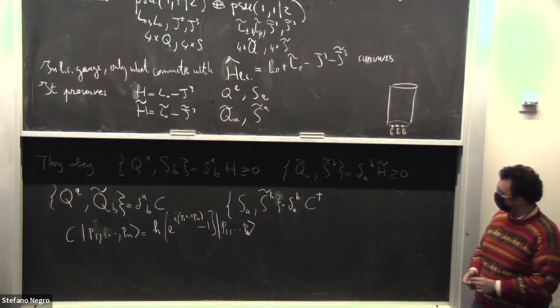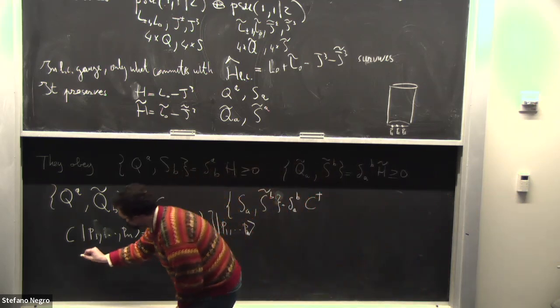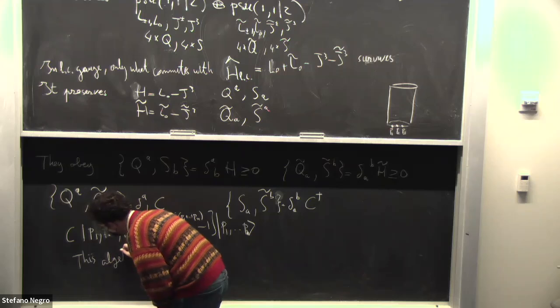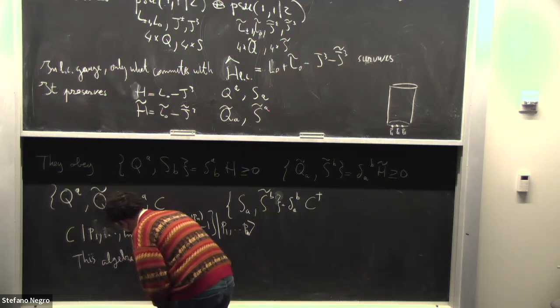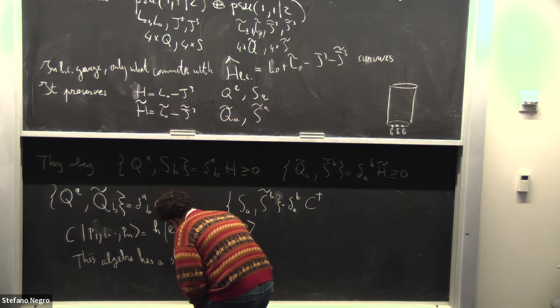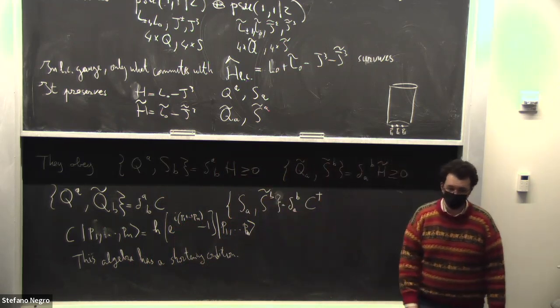Another thing that is quite interesting is that this algebra has a shortening condition. Meaning that this superalgebra admits both short and long representations.